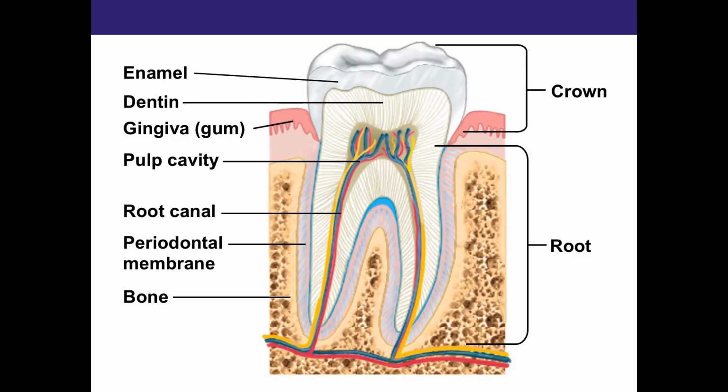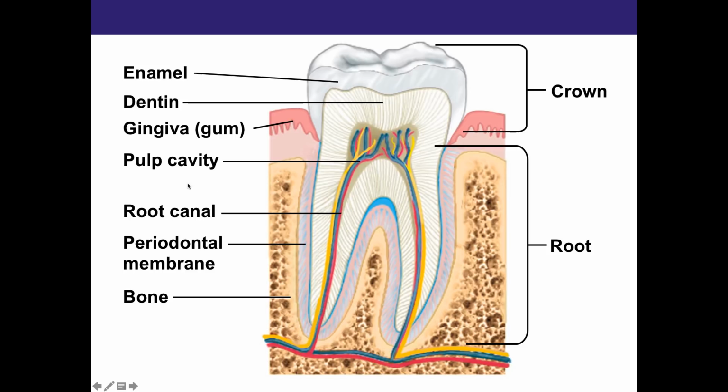And then the last 4% is just water and organic material. The dentin is also calcified tissue, and it's one of the major components of the tooth. Okay, so it's not as hard as the enamel, but it's still calcified.